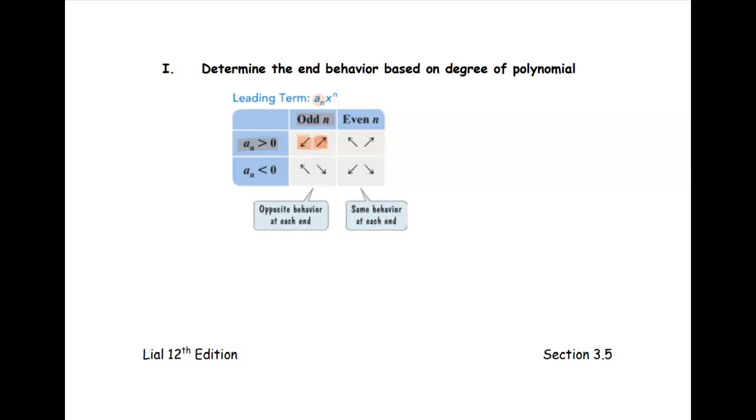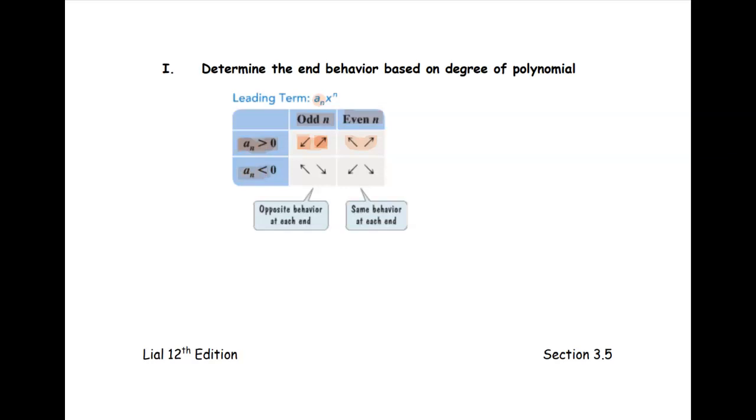And if n is even, say 2, 4, 6, 8, 10, both ends of the polynomial function will be in the same direction. They're both up if a sub n is positive.